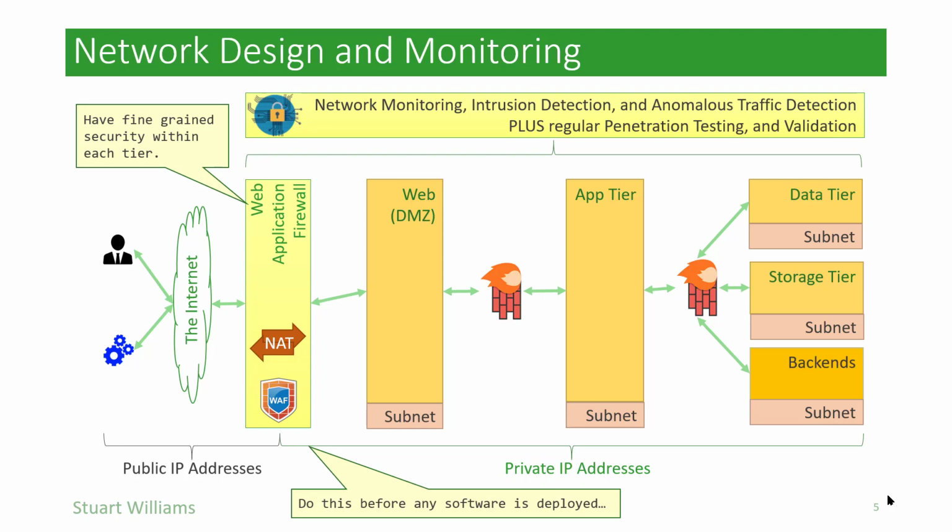And we want to have firewall rules and traffic shaping rules between not just the tiers, but we want them to be fine-grained even within the tier. If there's no reason for the web servers to talk to the FTP, SFTP gateways, then you shouldn't allow that traffic, and so on. If there's no reason for this group of web services to talk to that group of web services, you shouldn't allow the traffic.